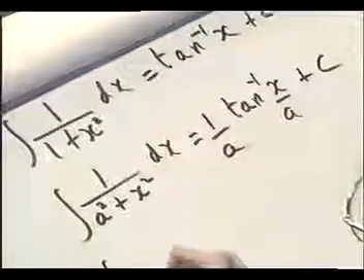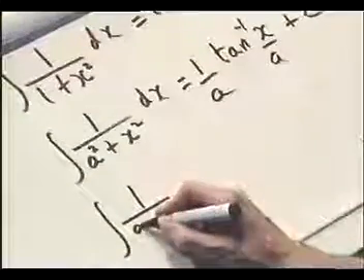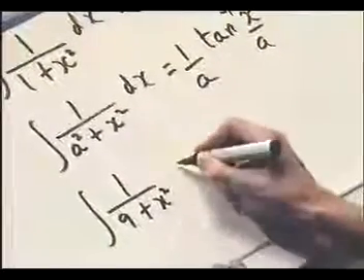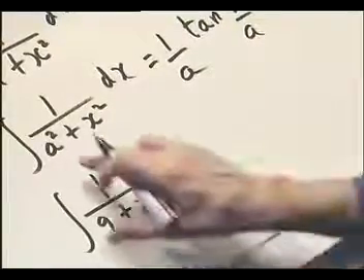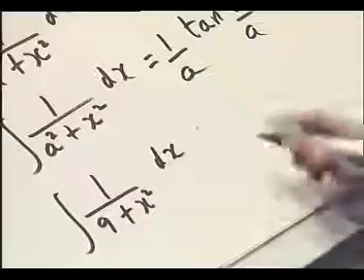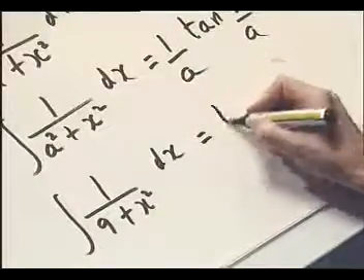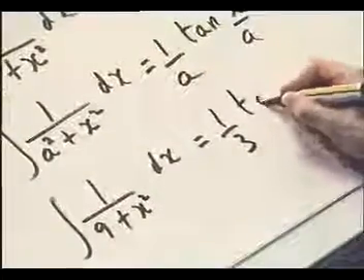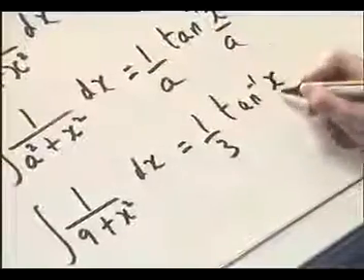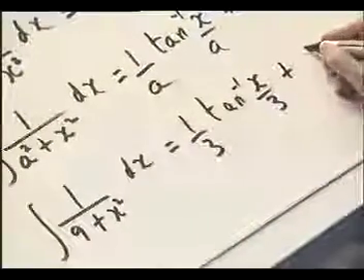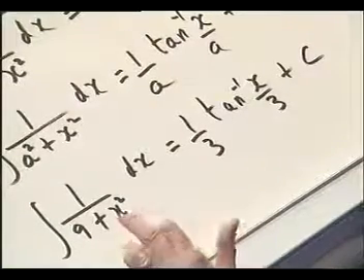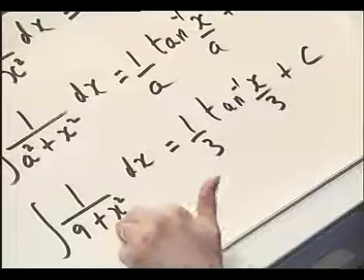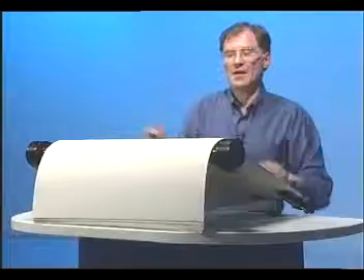Let's take an example. 1 over 9 plus x squared dx. 9 and a squared are the same, so a must be equal to 3. So that gives us 1 over 3 tan to the minus 1 of x over 3 plus c. Same question as we had before. What if it's not a 1 there? What if there's a number in there? Well, again, let's have a look.